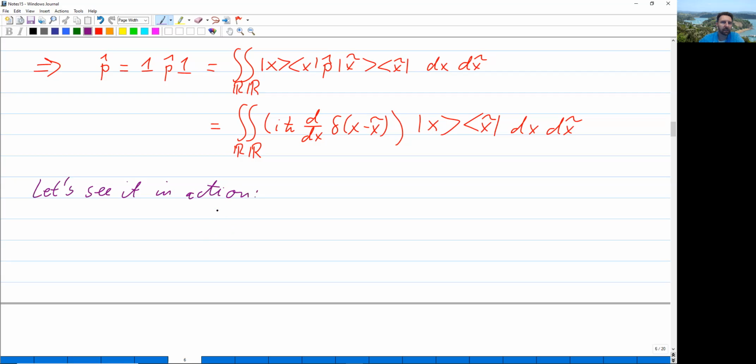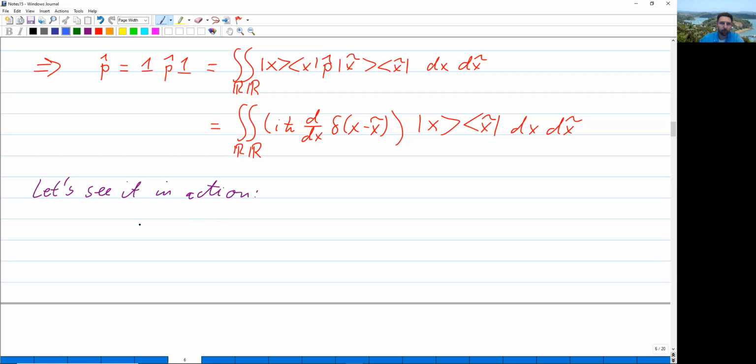And I hope that this will be illuminating, because this is something that has driven me crazy when I first learned quantum mechanics, when people told me that the momentum operator is equal to some derivative operator, minus i h bar d by dx. And I thought, what the heck, why would that be so? Now we will see how that arises and what really is going on behind the scenes here, how all of this is just a matter of representation theory, or just a matter of choices of bases.